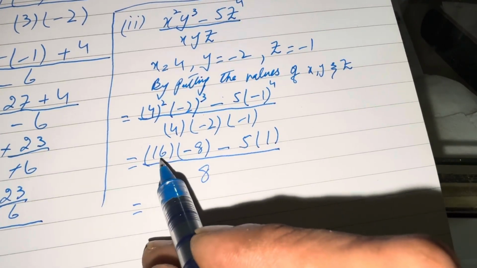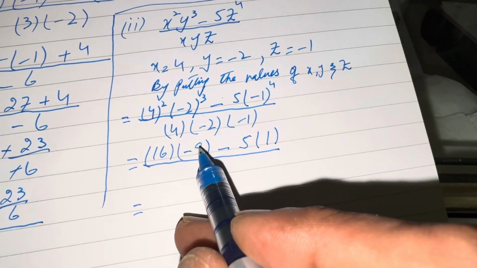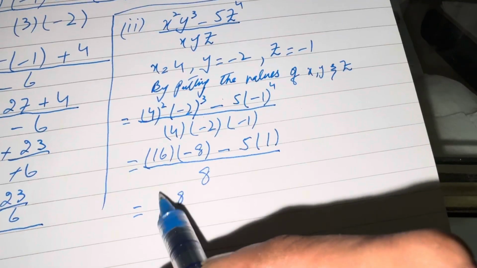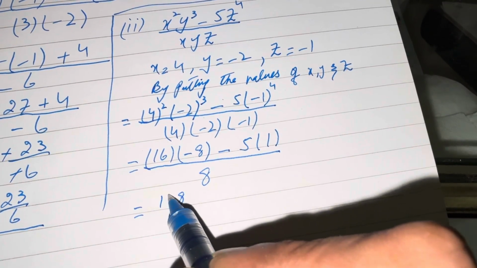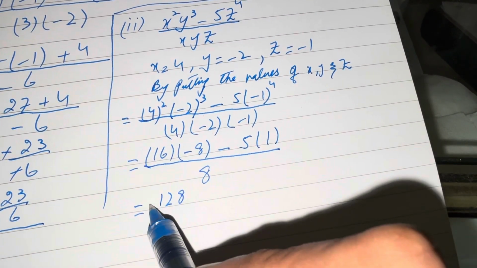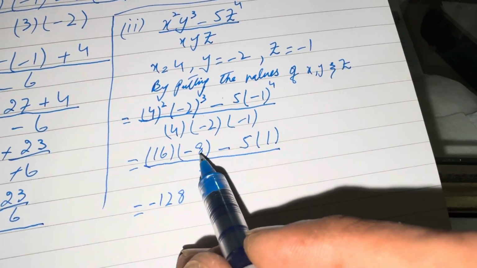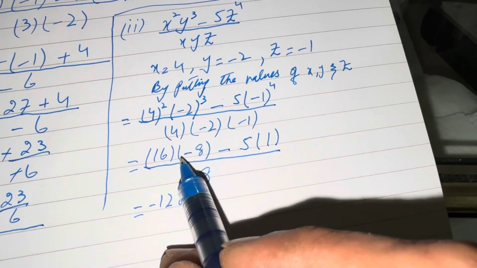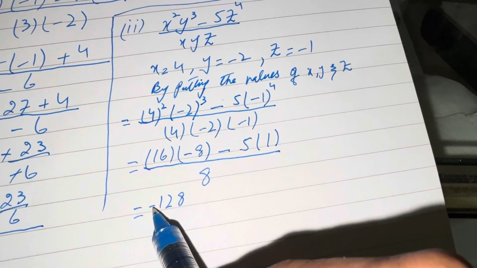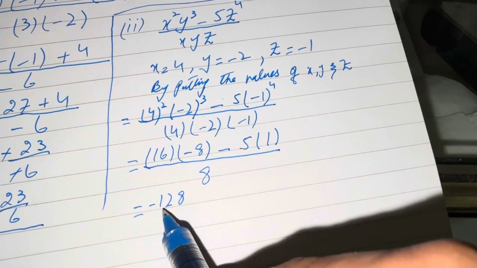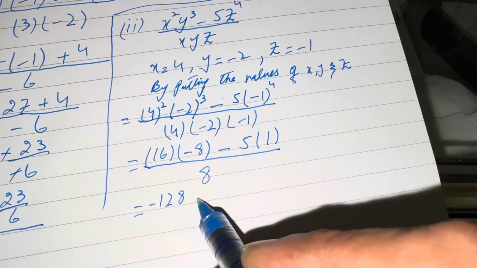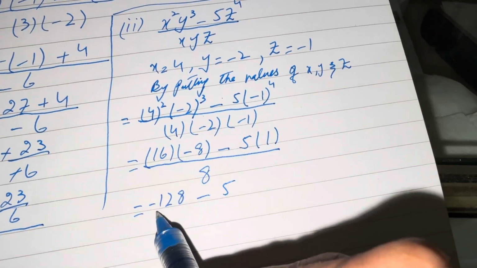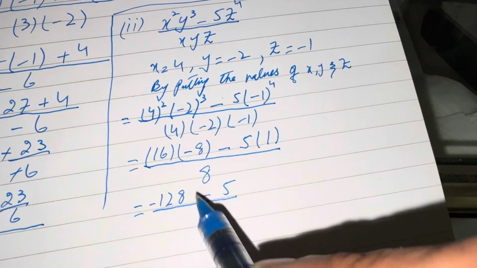So 8 16s are 128 और ये माइनस वैसे ही साथ आ जाएगा। So 16 8s are 128 and this minus will become with 128 and this minus 5 1s are 5 and divided by 8.